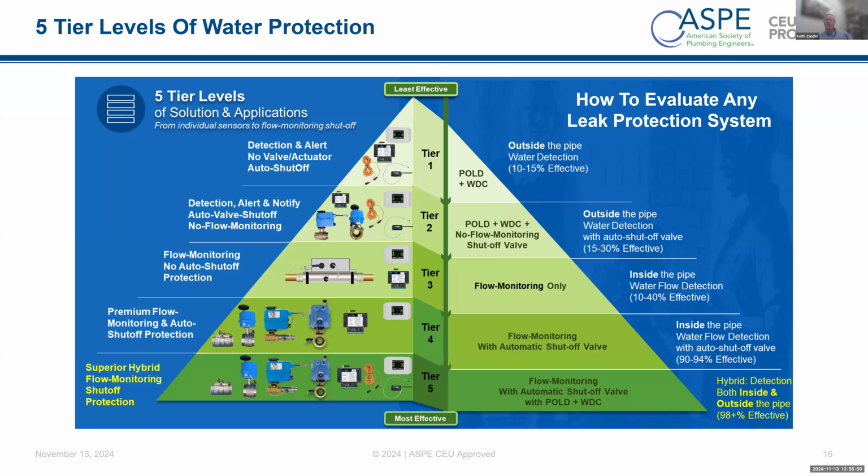Okay, so let me give you an example. Great question. I'm just going to say tier 1. Tier 1 is 10 to 15% effective. And how do you mitigate that 10 to 15%? You can put a superior monitoring and notification system behind it. For example, floor 1 common bathrooms get wet, I notify the concierge.